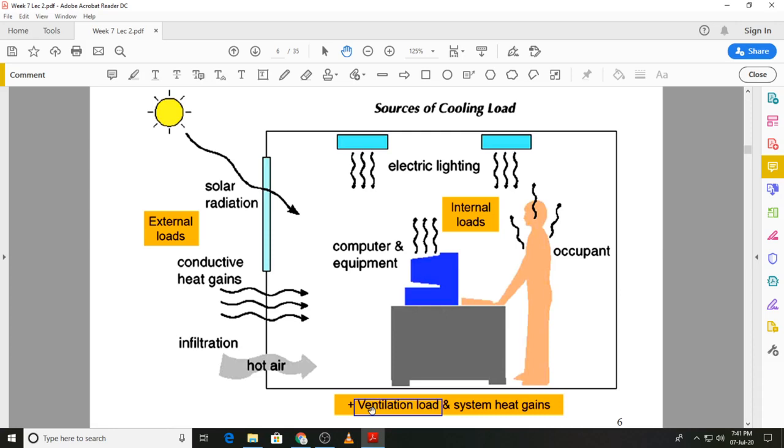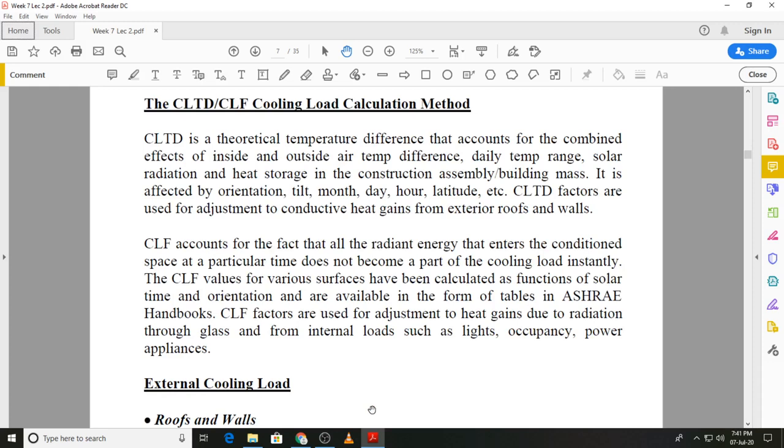That means there is an additional load on the cooling equipment. So once we have calculated the space cooling load, we also need to add the ventilation load to it, so that we can have a better idea of the total load that has to be taken up by the cooling equipment. There are various methods that have been developed over a number of years to estimate or calculate the cooling load.